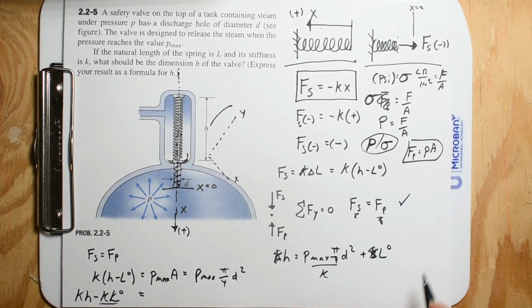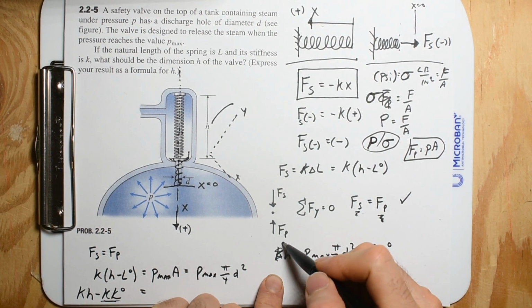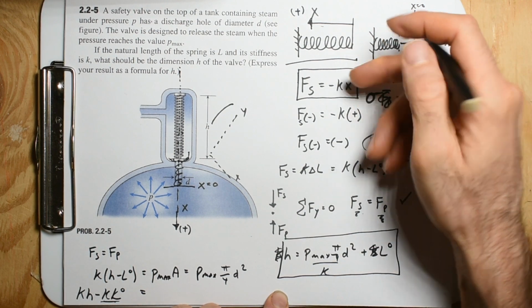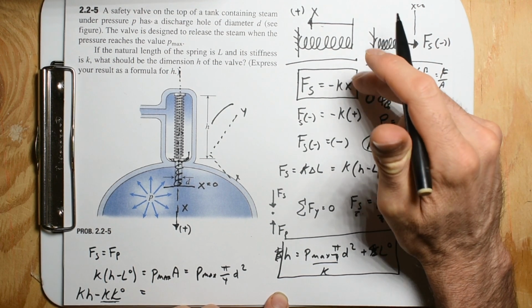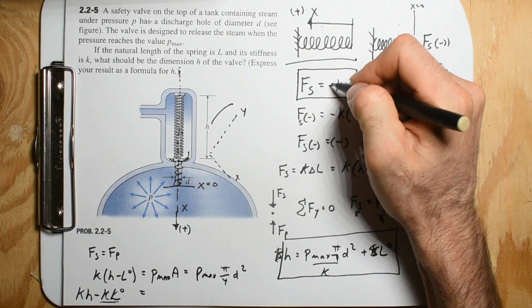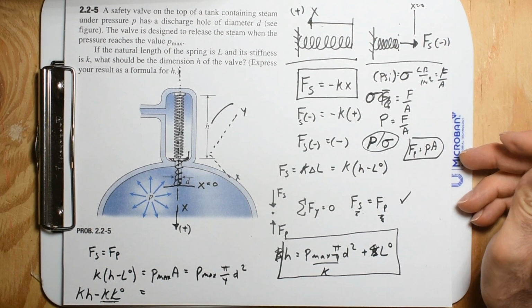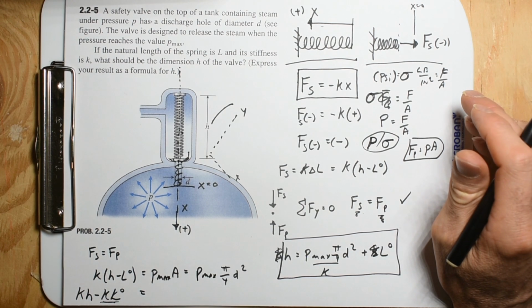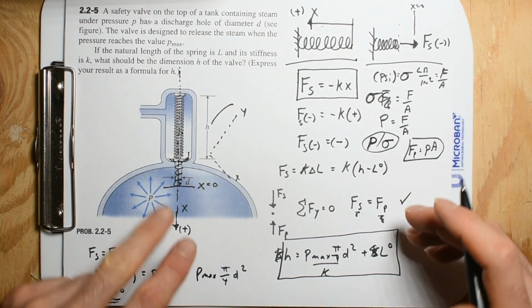And now I get something like this, which is wrong because I used the wrong equation. I used the spring force equation with a positive instead of a negative. And I could have caught my error, but I didn't.